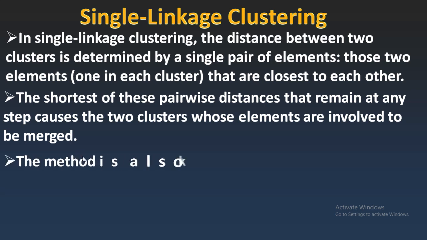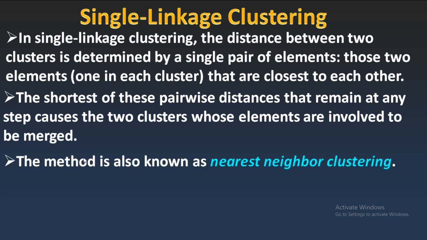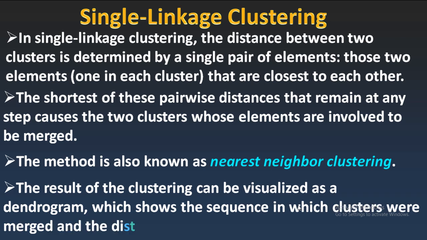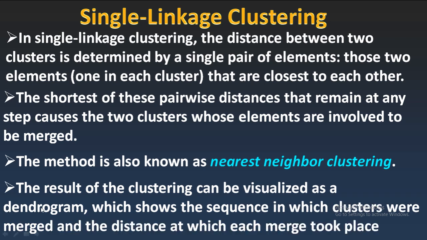This method is also known as nearest neighbor clustering. The result of the clustering can be visualized as a tree diagram called a dendrogram, which shows the sequence in which clusters were merged and the distance at which each merge took place.